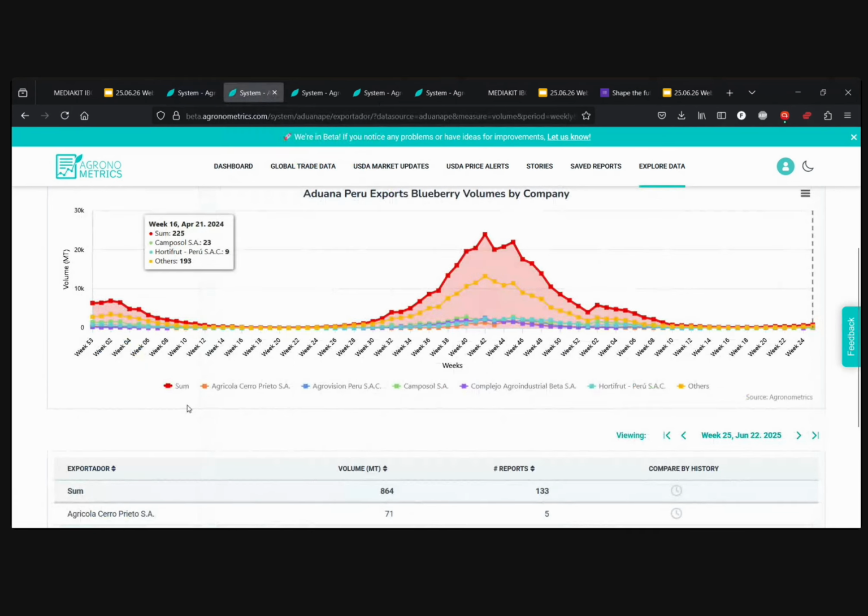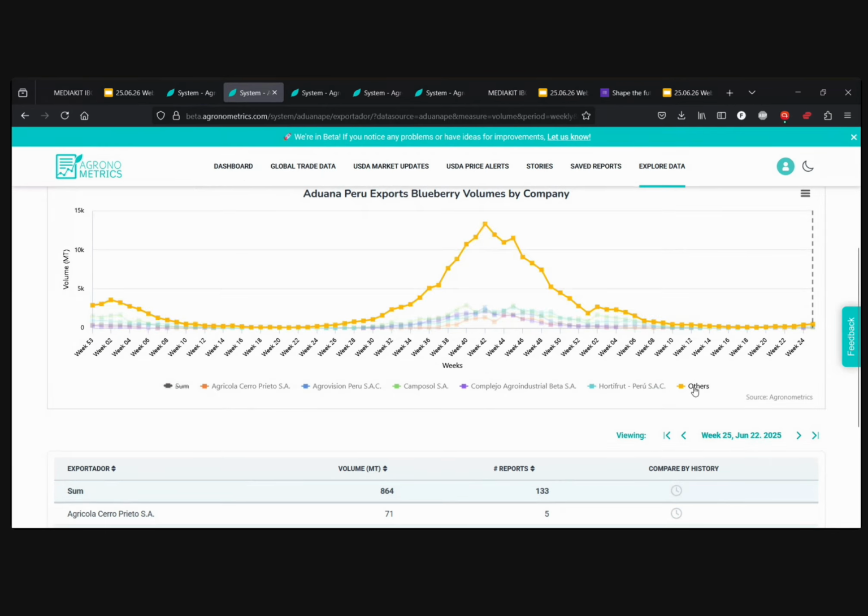As mentioned before, the data set is very rich. So we're able to not only look at this information as a market as a whole, looking at the different destinations that the fruit is going to, we can look at this by exporter.